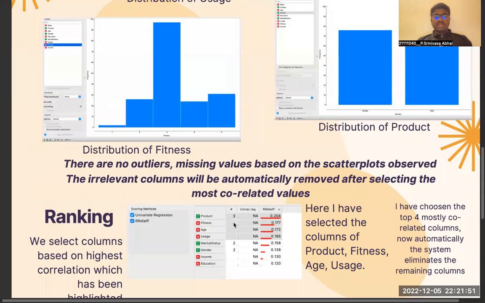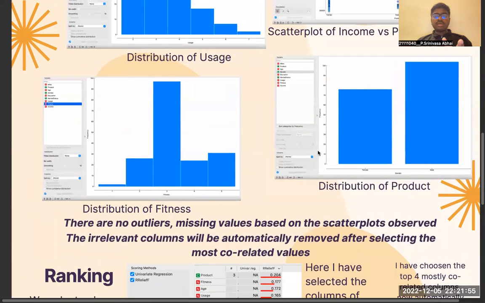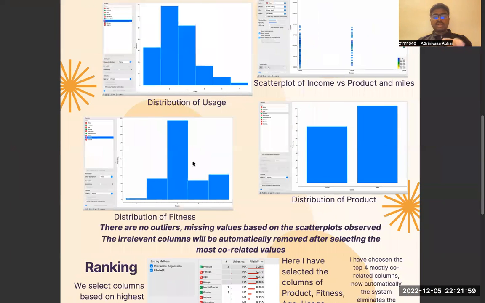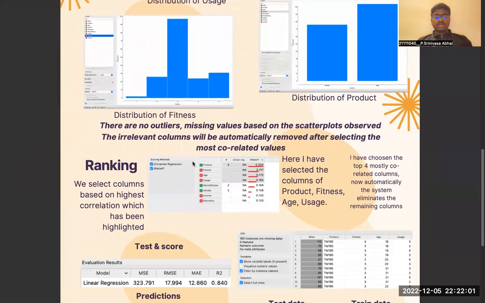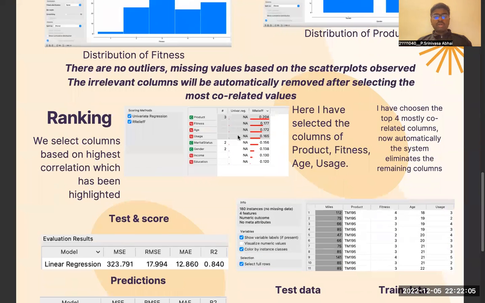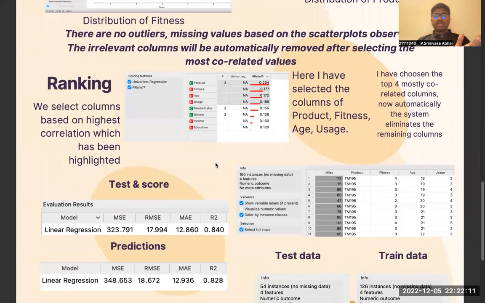These are the most relevant variables. I have taken the EDA of three of these: usage, fitness, and product. As I have chosen these four columns, the rest of the columns will be kept aside, for evaluation by the machine.